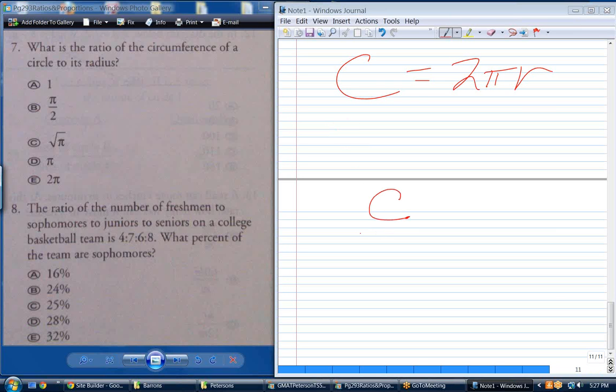We want the circumference divided by the radius, right? And substitute for circumference. Instead of C, let's use 2 pi r. So that ratio is 2 pi.